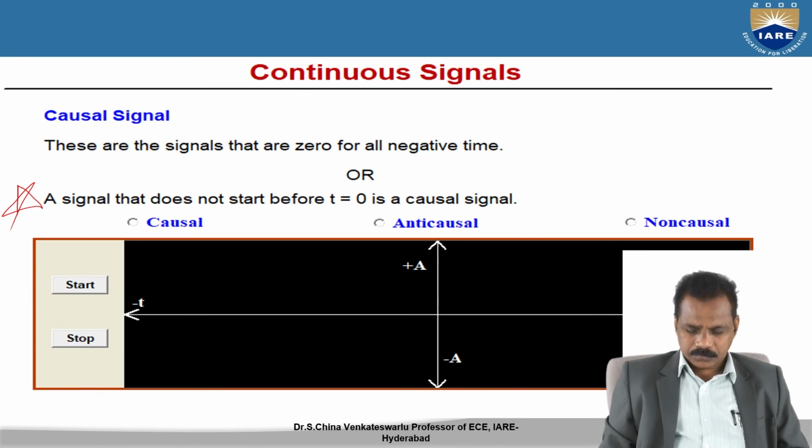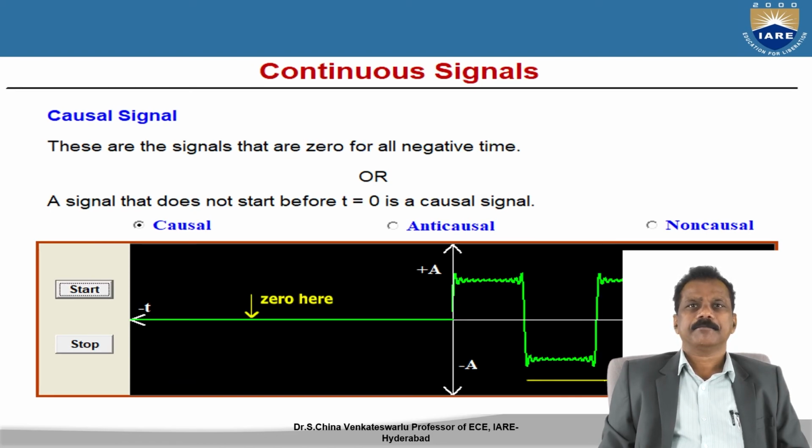So how are we verifying that practically? Here plus t or minus t, or amplitude values plus or minus a, with reference to this causal, anti-causal, non-causal, you can verify practically. Here, the signal does not start before t equal to 0, so it is a causal signal.